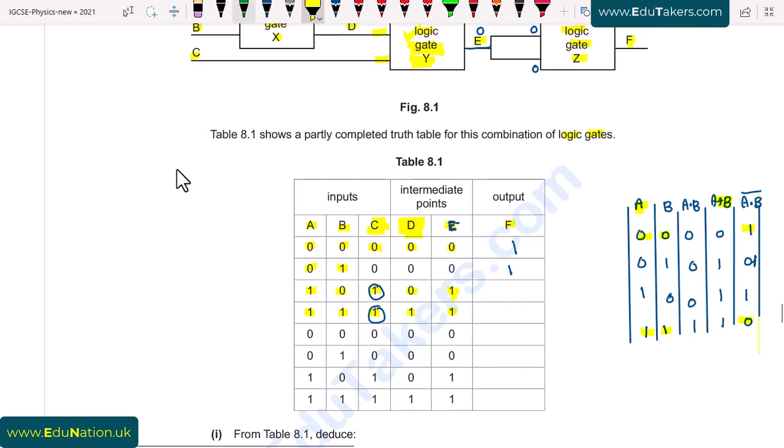So I write here 0. It simply means that when both of the inputs are 0, the output is 1, and when both inputs are 1, the output is 0. So this will be 0, 1, 1, 0 and 0. So we have completed this truth table. That is the output of this circuit.